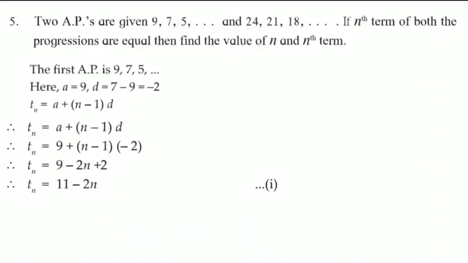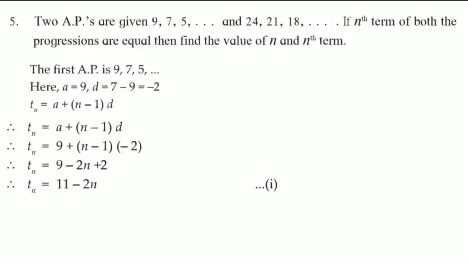Here we are provided with two different APs, but they have said that Tn is same for both these APs. So by using the information, we have to find out what is the value of n and what is that nth term, means we have to find out Tn also.